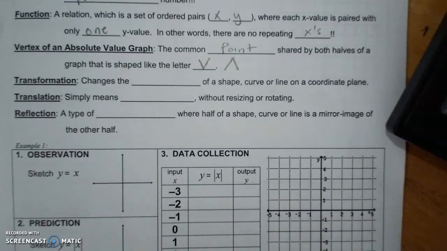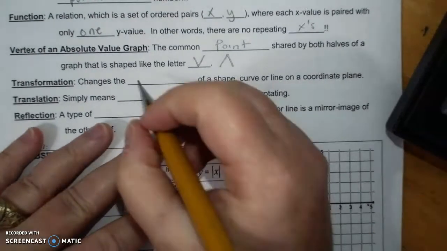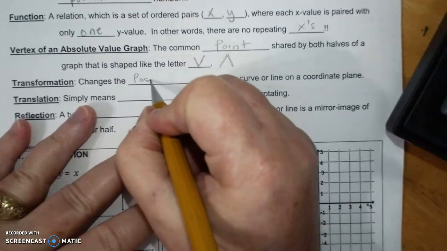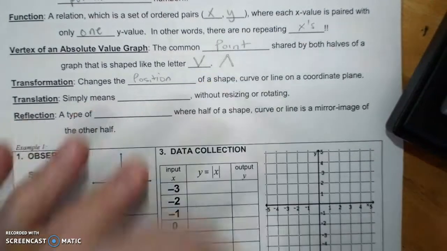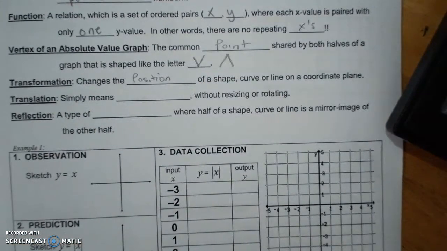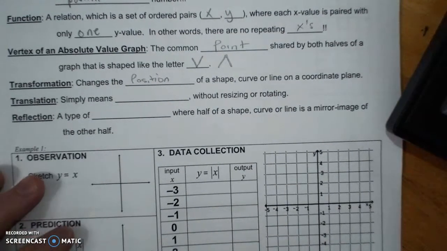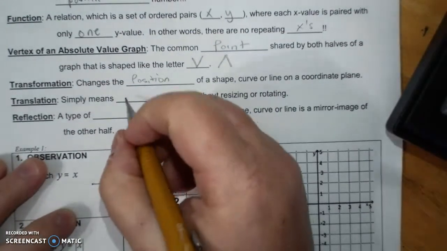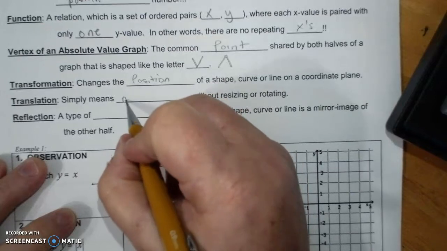Transformation. You learned transformations earlier. Transformations include rotation, reflection, dilation, and translation, and they change the position of a shape, curve, or line on a coordinate plane. We are going to emphasize translation, which means it moves.